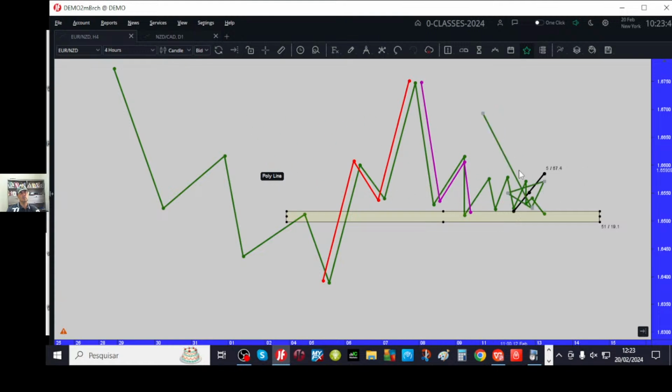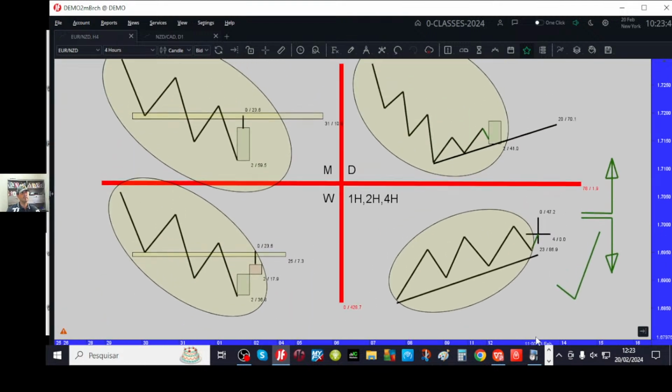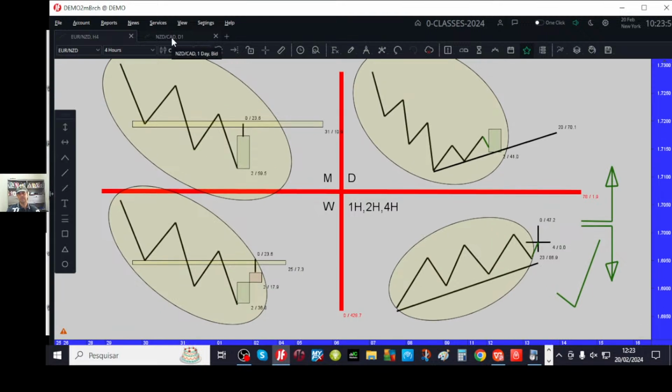And you won't because you are saying, oh, it's past support. Can you relate to this, everybody? And you need confirmation on the 1 hour, 2 hour, 4 hour. In my view, that is nothing but speculation. But you don't have confirmation.